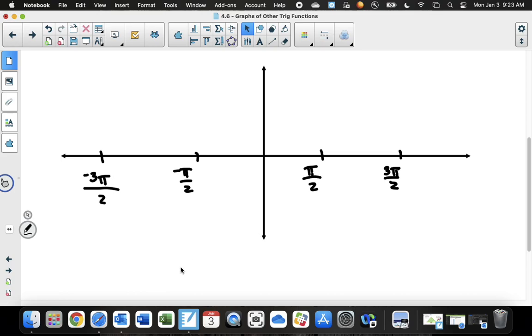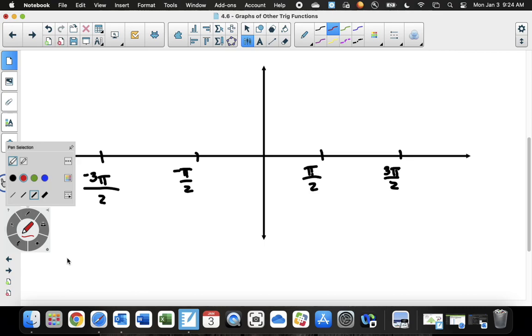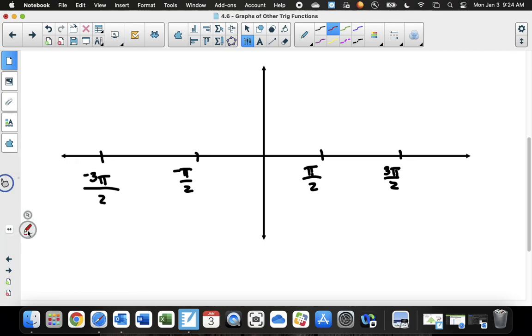Change colors here. There we go. So we said at those values, we have vertical asymptotes at all of those different values because that's where the cosine of x would equal 0.